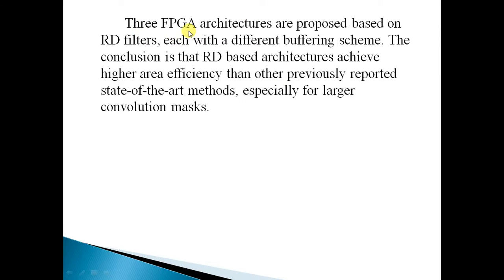The 3G FPGA architecture is proposed based on the RD filter, which has a different buffering scheme. The term buffering scheme means loading scheme. The conclusion is that this RD will be based on an architecture to achieve higher area efficiency than the previously reported one, especially because of the larger convolution mask.